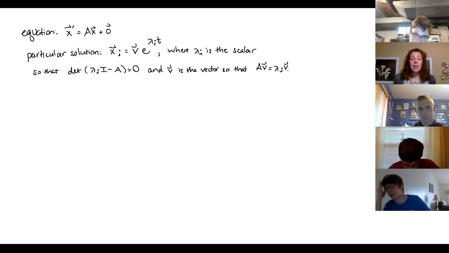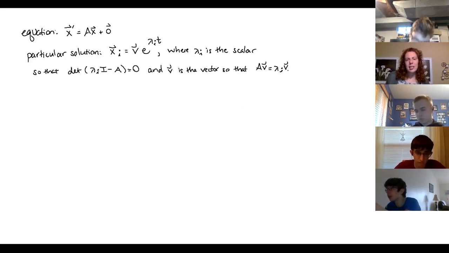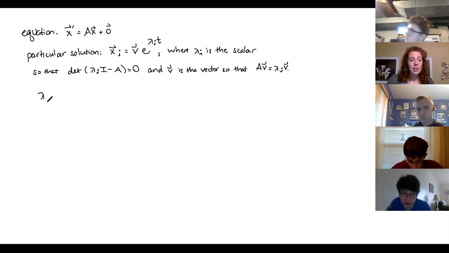So we can find a particular solution. This is going to be vector x sub I equals vector v times e to the lambda I t. Lambda I is the scalar coming from that determinant equation, and v is the vector coming from that matrix equation, A v equals lambda I v. Terminology for this.